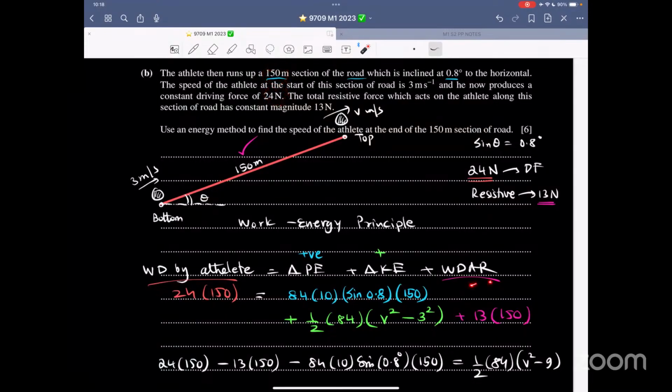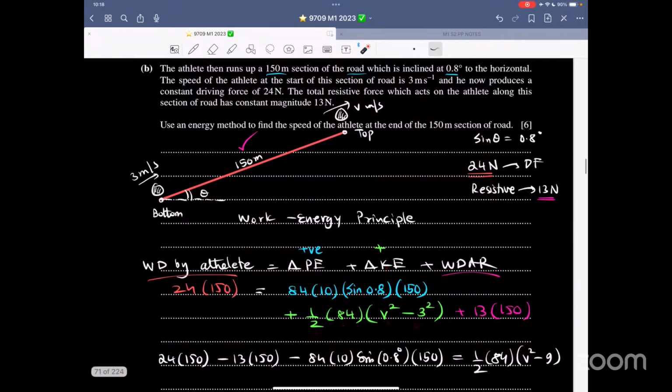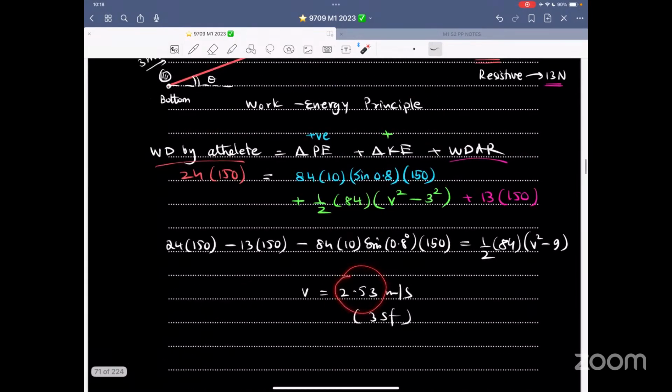The work done against resistance is 13 into 150. The change in potential is mg sin theta into distance along the plane. Change in kinetic is half into 84 into v squared minus 3 squared. So v comes out to be this.